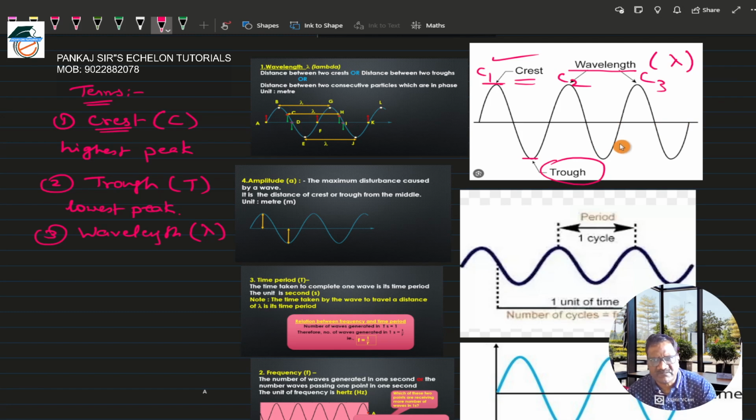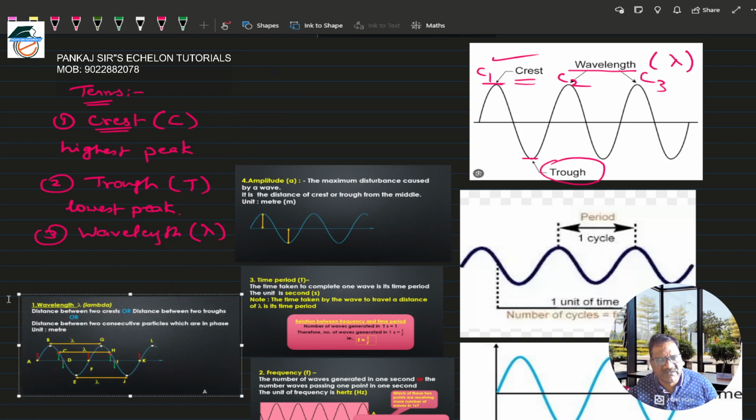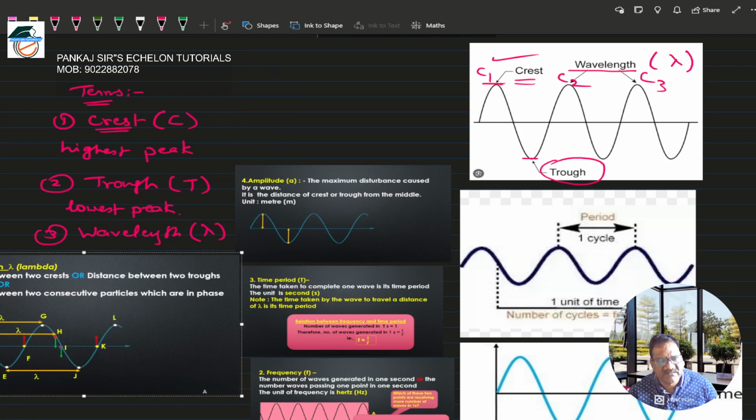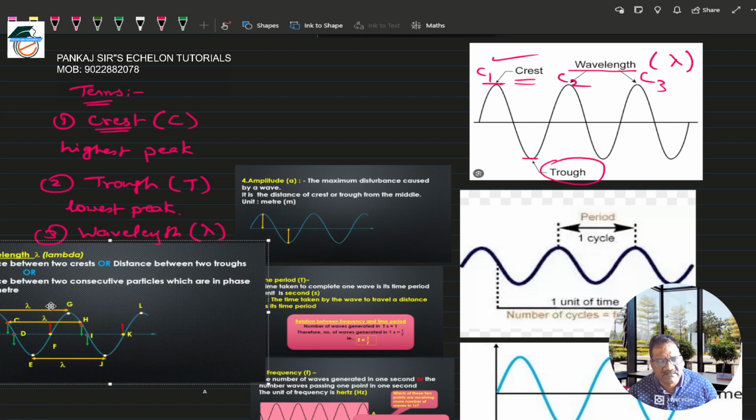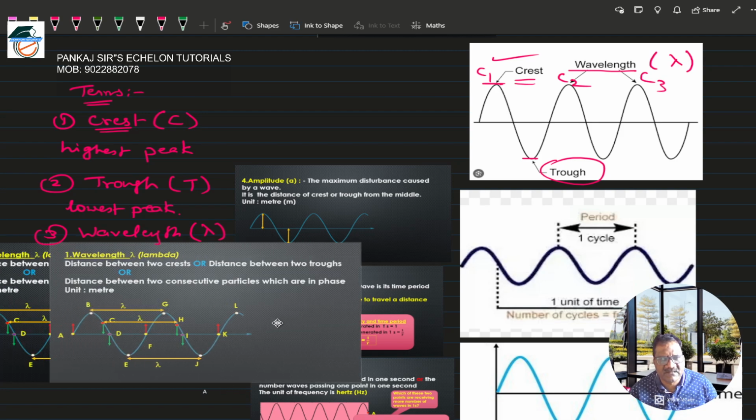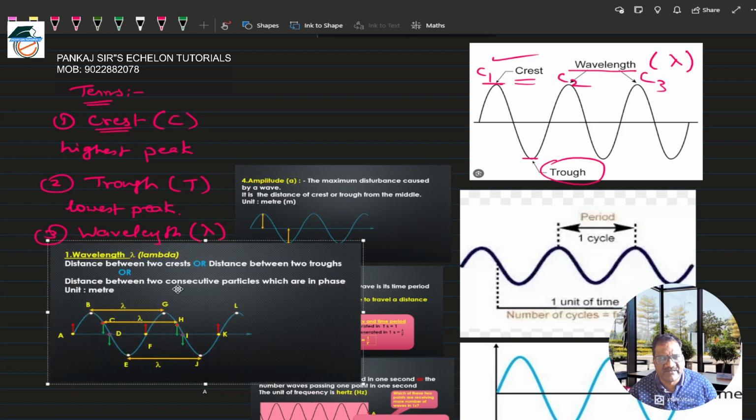And the definition is over here. If you want, I can bring this definition into your view over here. I'll slightly zoom it. Right, now this is the definition of a wavelength.